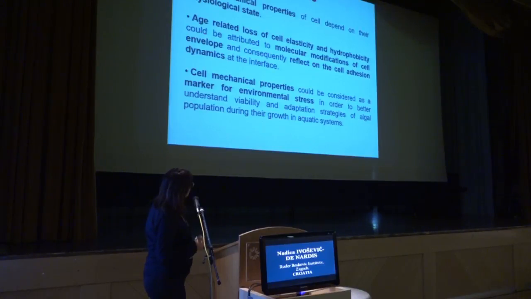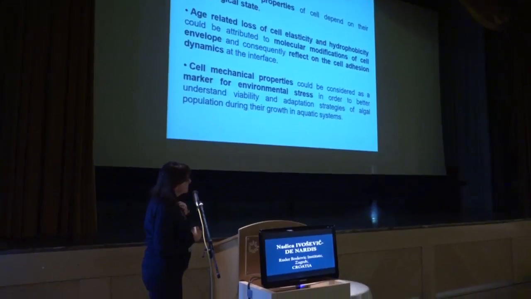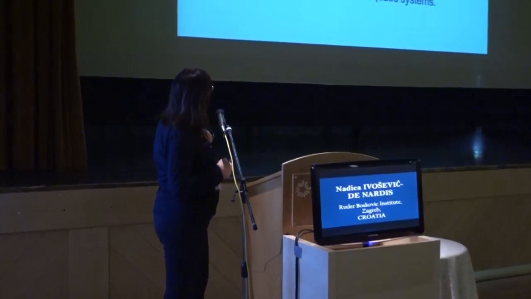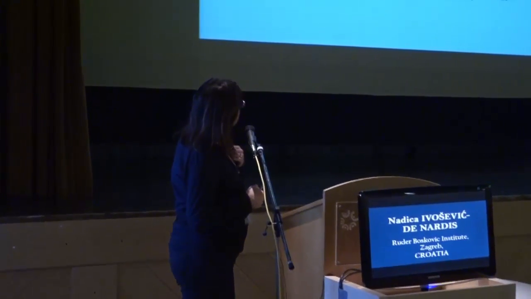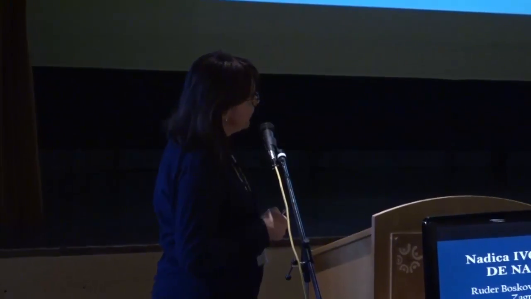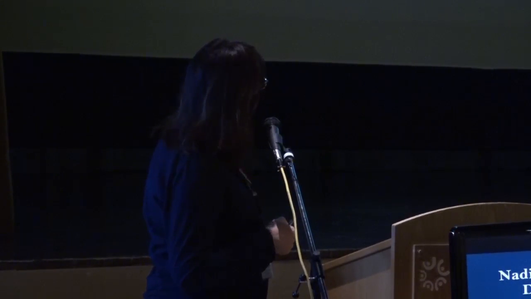So here is the conclusion. We show that the nanomechanical properties of the algal cell depend on their physiological state. Age-related loss of cell elasticity and hydrophobicity could be attributed to molecular modification of the cell envelope, which consequently is reflected in the cell adhesion dynamics at the interface.